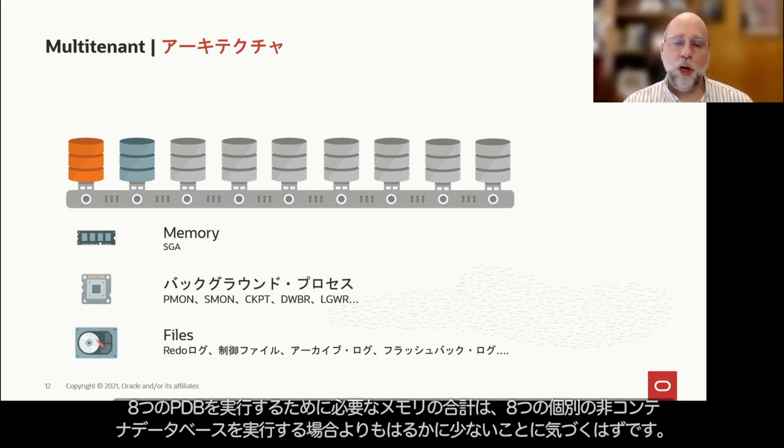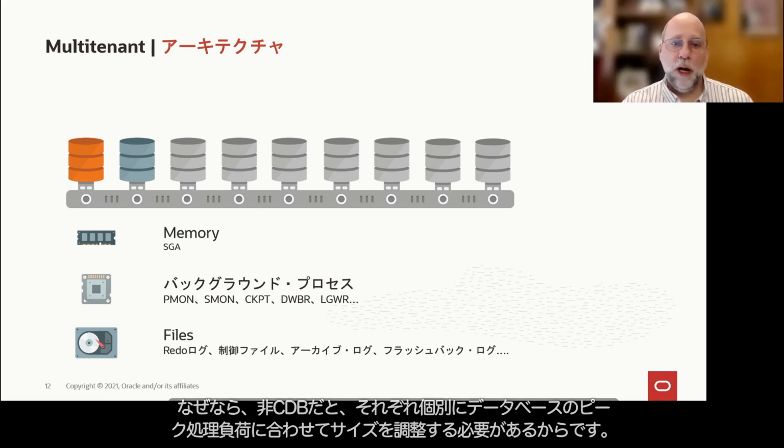that the sum total of the memory needed to run those 8 PDBs is going to be a lot less than if they were 8 individual non-container databases. And that's because your individual non-CDB has to be sized for your peak processing load for every one of those databases.